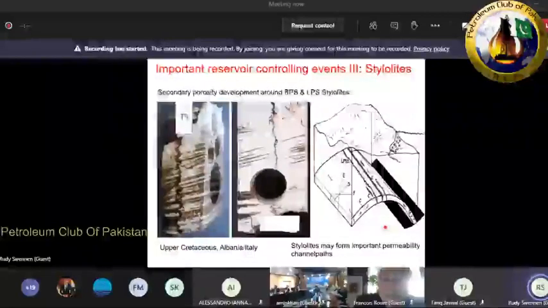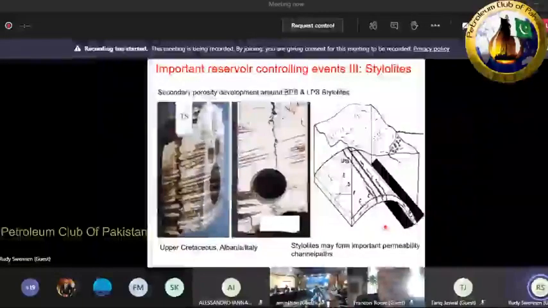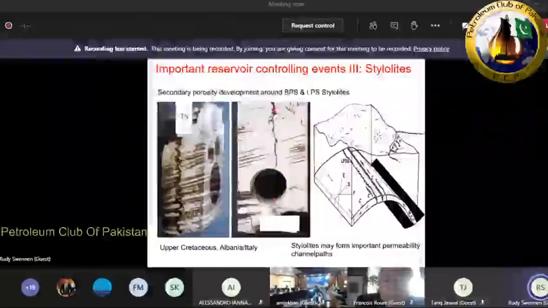Third important reservoir controlling event is the development of stylolites. I mentioned already the bed parallel stylolites and the layer parallel shortening stylolites. You can see them again in these drill cores.